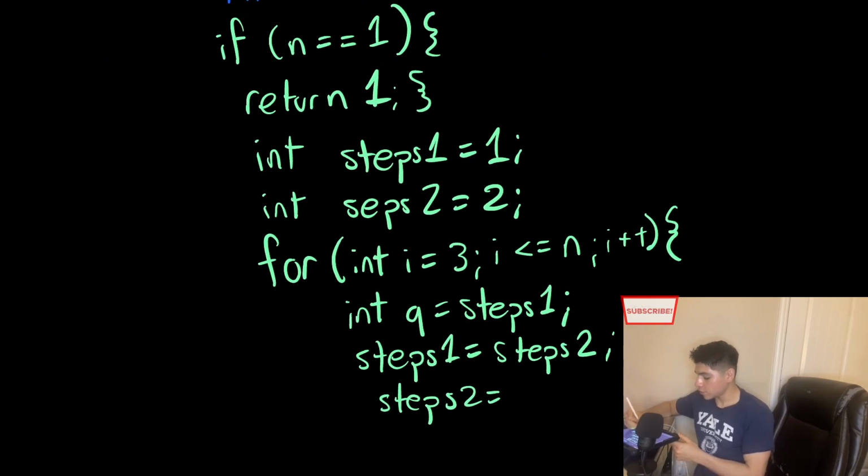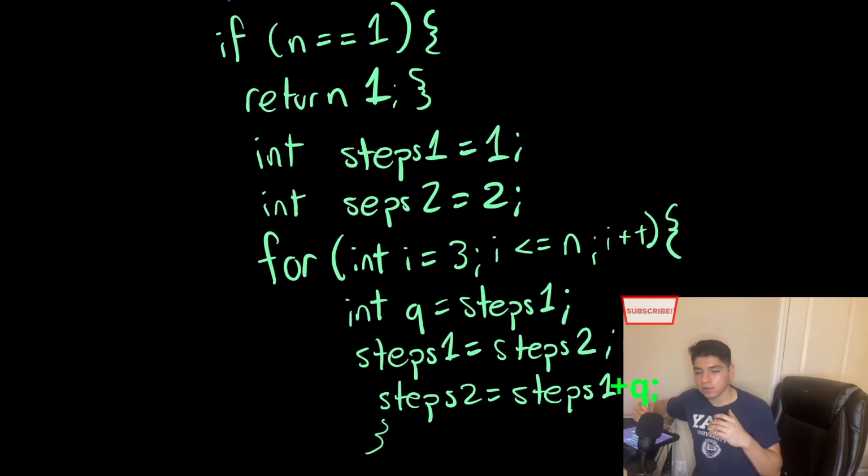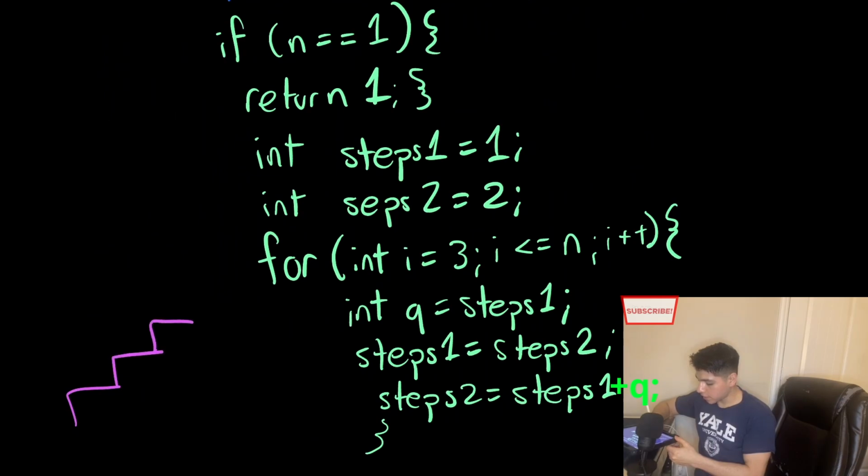So to do that, I just have to add the solutions from the 2 previous steps once again. So that's going to be steps1 plus q. Okay, again, if we look at our example from before, it's going to make our code make a lot more sense. Let's say we have 4 steps right here.